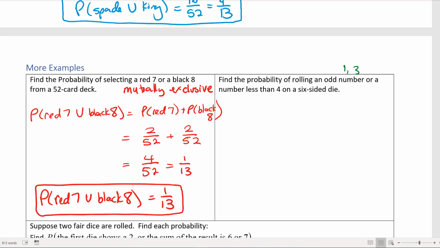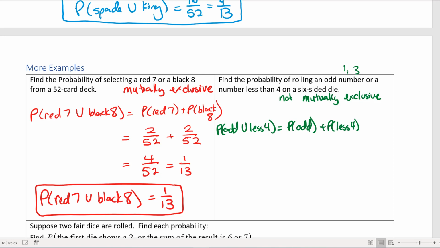So we need to use the not mutually exclusive formula, which means the probability of odd or less than 4 is equal to the probability of odd plus the probability of less than 4 minus the probability of odd and, or intersect, less than 4.